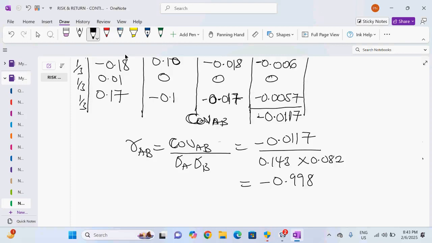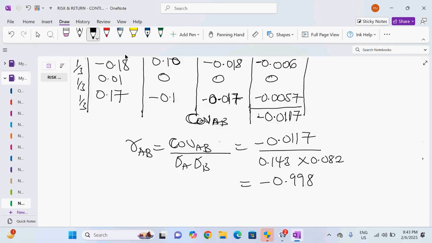Okay, so the covariance is given as negative 0.0117.